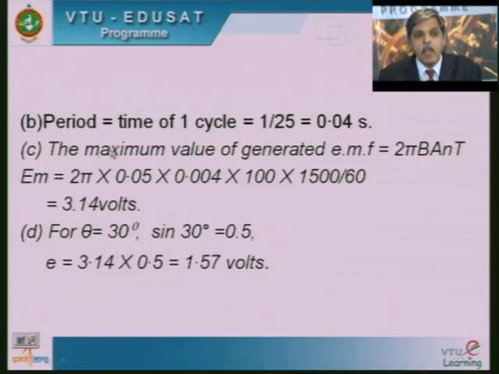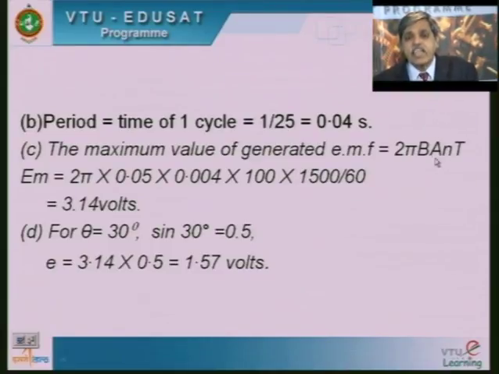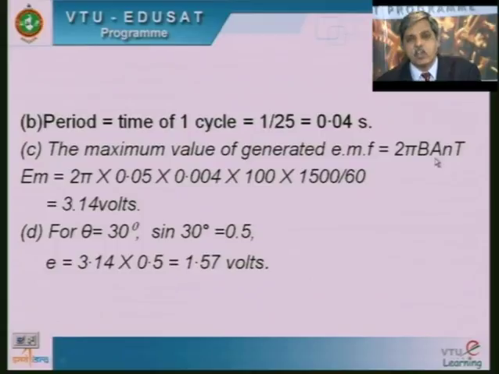Now the maximum value of the generated EMF is given by 2 pi B A N T. Let me explain all these values. B is the maximum flux density of the magnetic field. A is the cross sectional area of the coil.